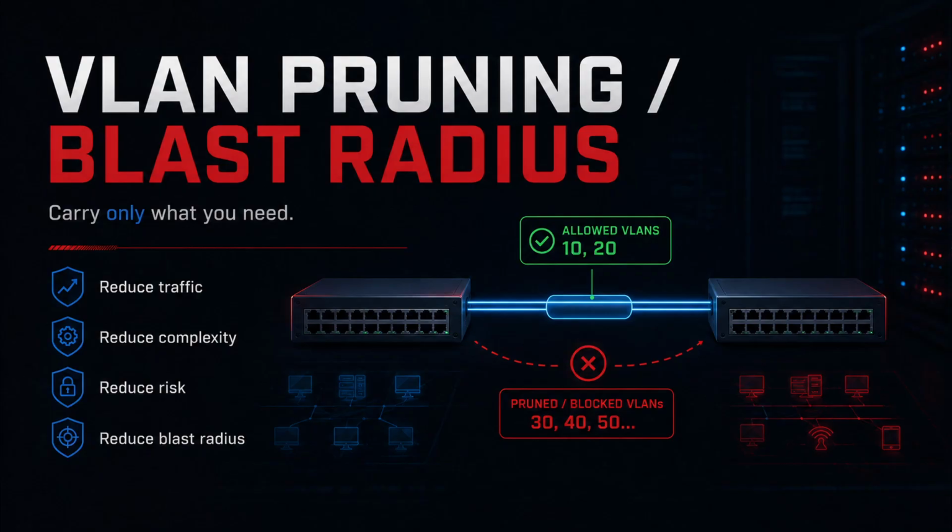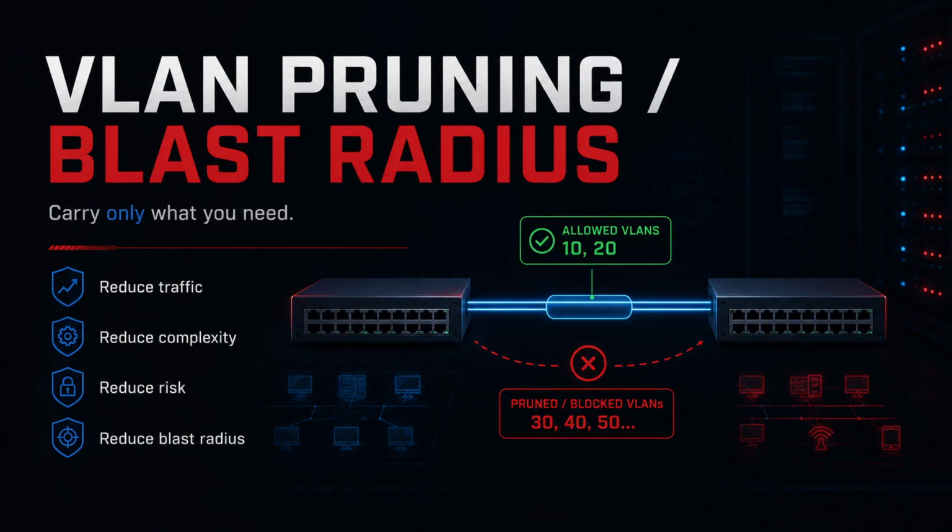So, even if a loop starts in one VLAN, the pain may not stay perfectly contained. The switch will get overwhelmed, other VLANs will start to feel it, users will start complaining, and suddenly everyone is asking, why is the network slow?